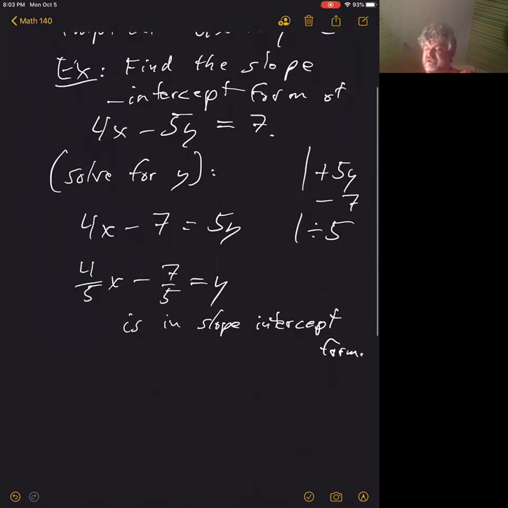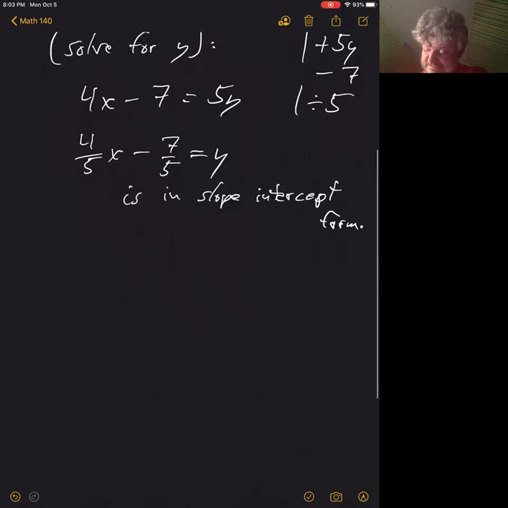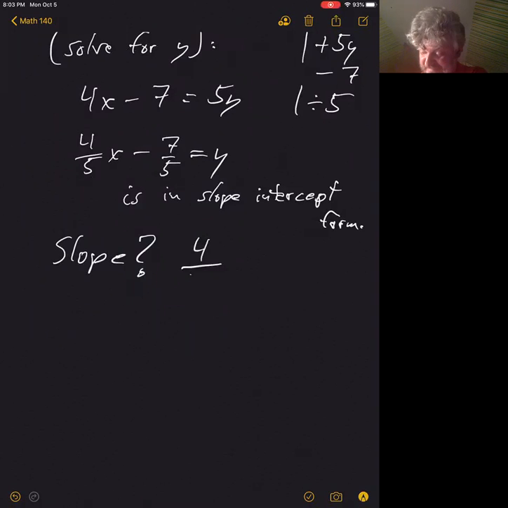What else? The question said find the slope-intercept form, but of course it's now a piece of cake when anybody asks what is the slope of that line. It's the 4 over 5. What is the intercept?